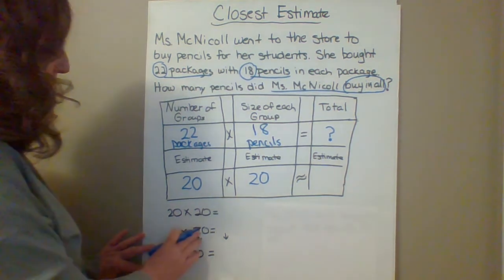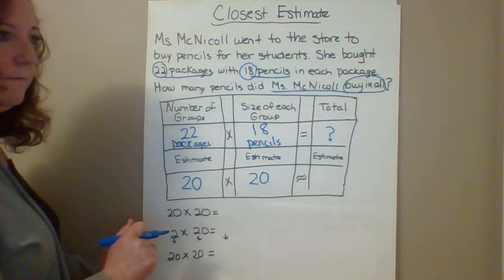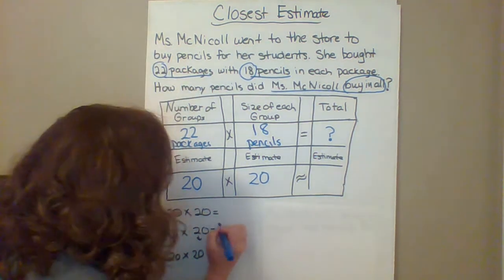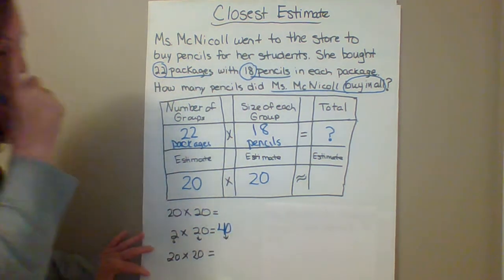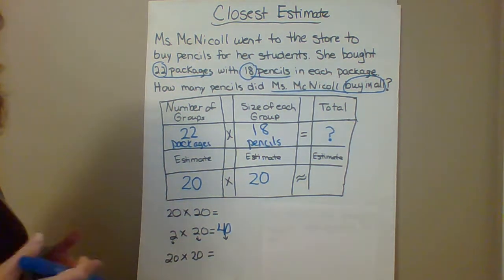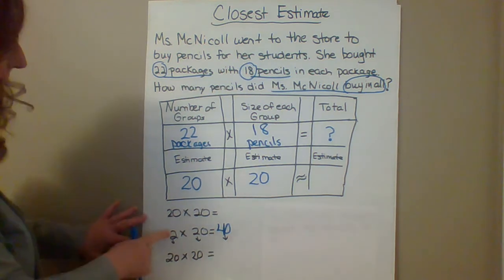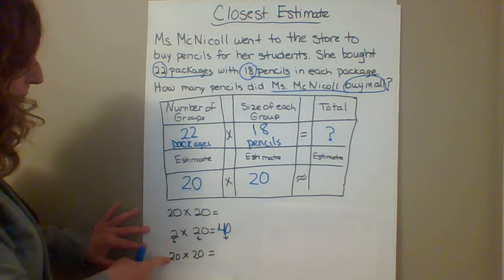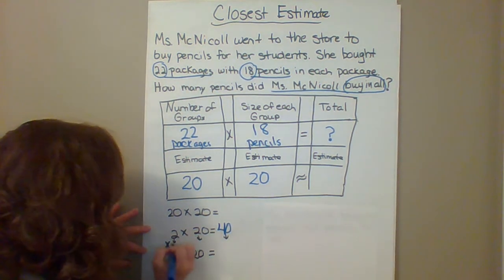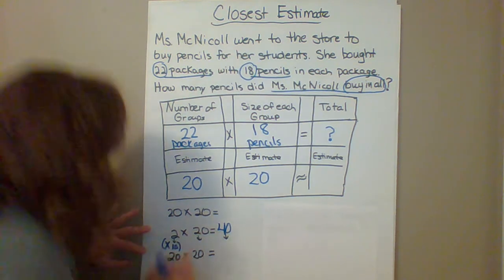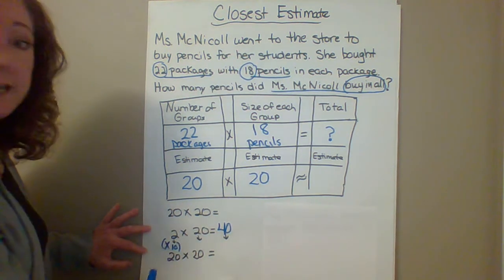What would two groups of 20 be? Two groups of 20, that's 40. And let's take a look at this understanding of multiplying by multiples of 10. This factor, 2, I multiplied by 10. So I'm going to write times 10 here. This factor stayed the same.